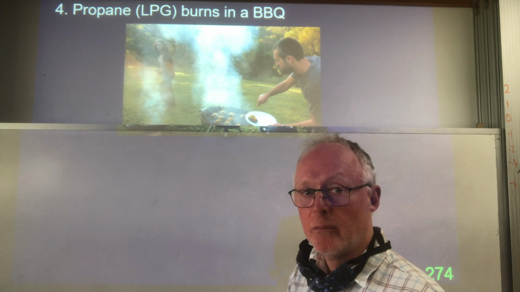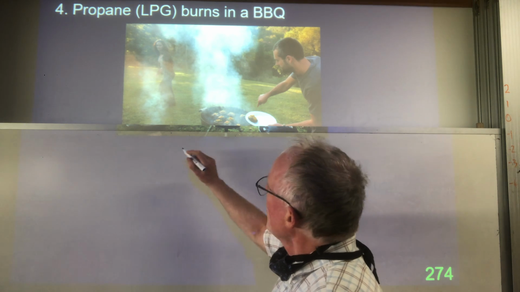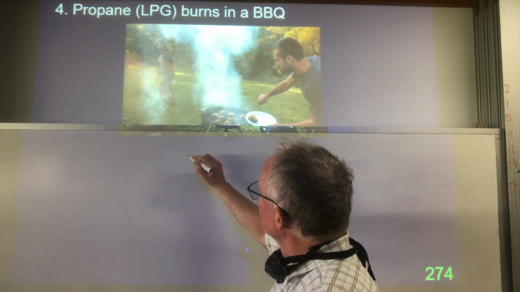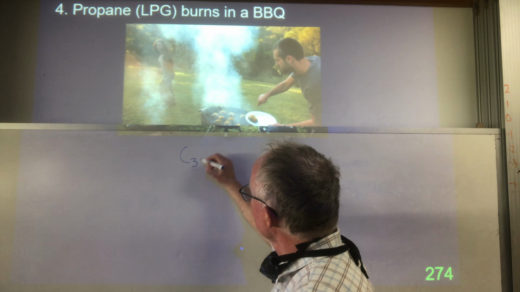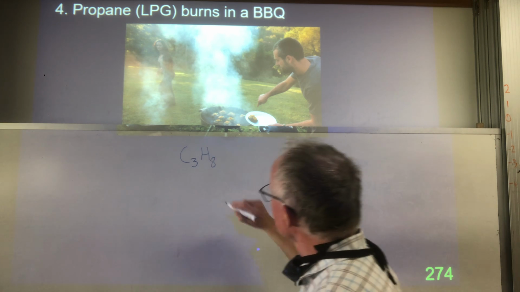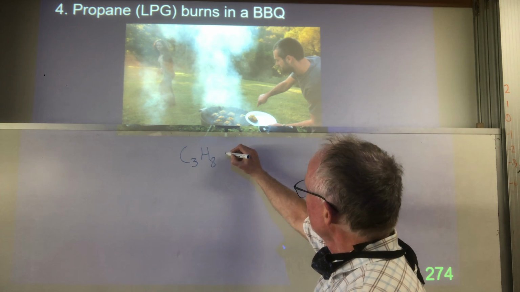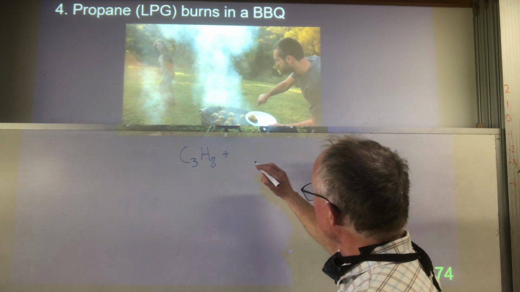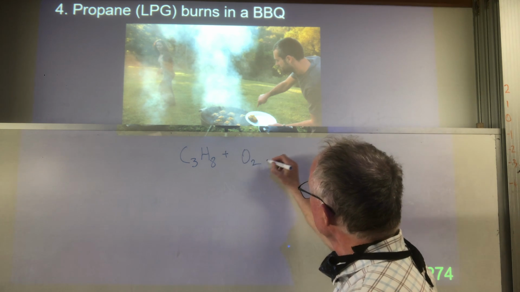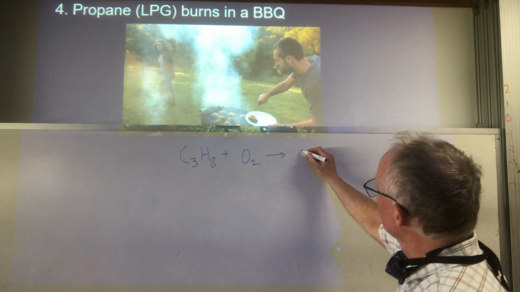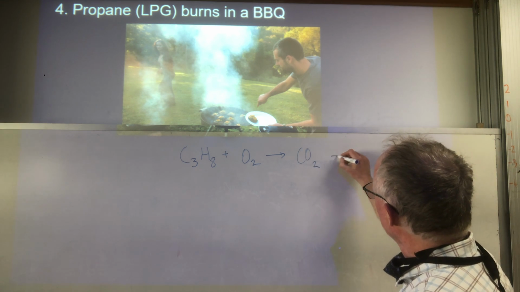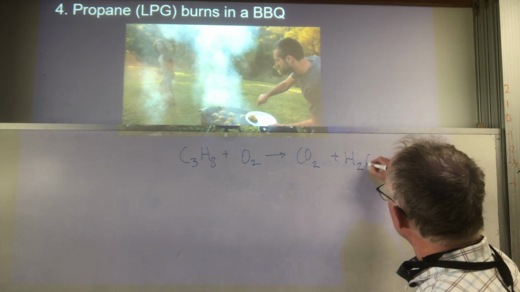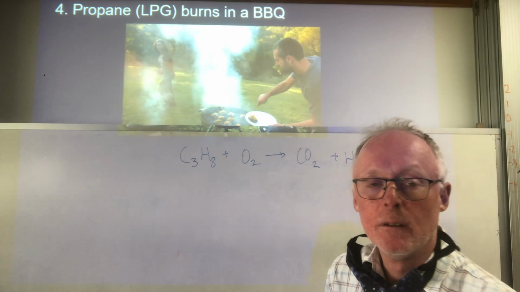Now, what's the formula of propane? Hopefully you all remember prop is 3. So propane must be C3H8. Now, our skeleton equation has us reacting that with oxygen to produce carbon dioxide and water.